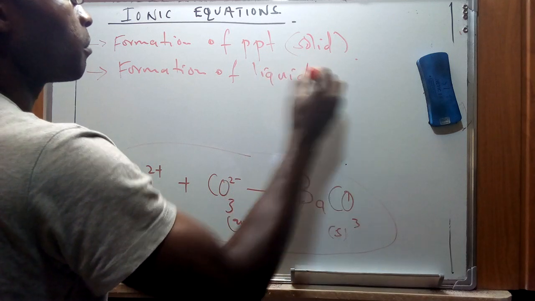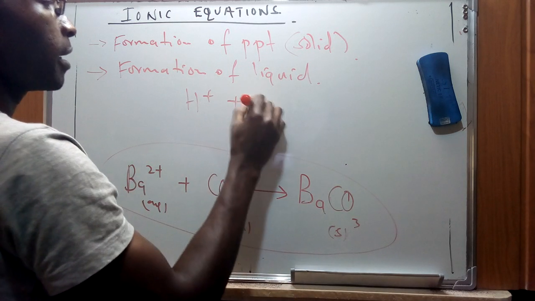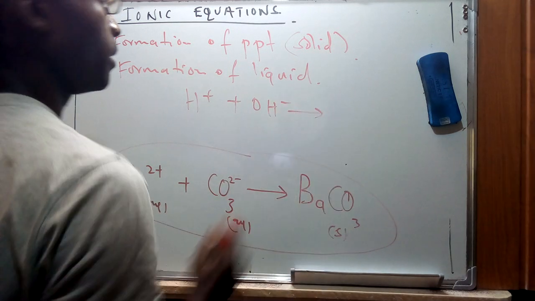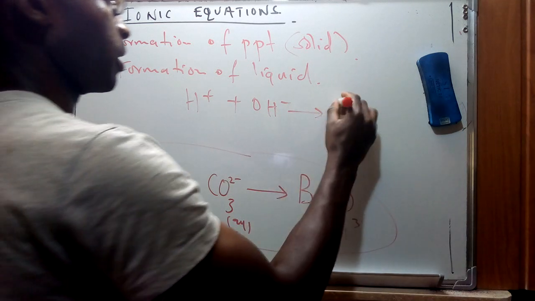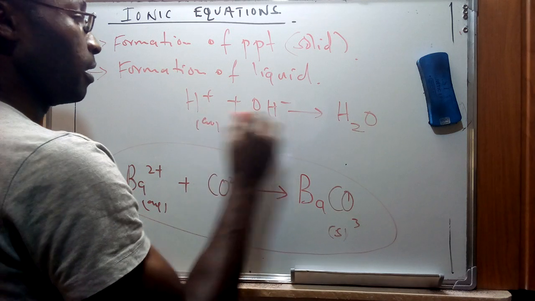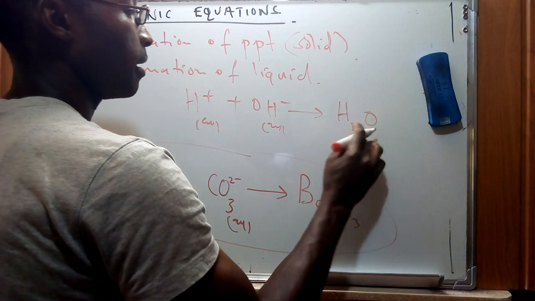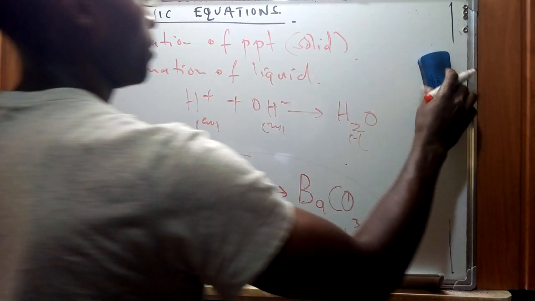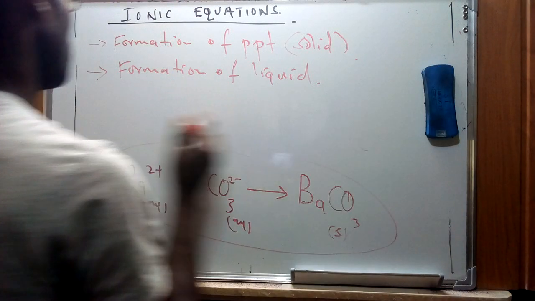like water. Maybe we can have an equation whereby if we eliminate the spectator ions, we're going to have reacting ions forming this kind of a product, which is a liquid. So in this case, statement number 2 refers to that particular condition.